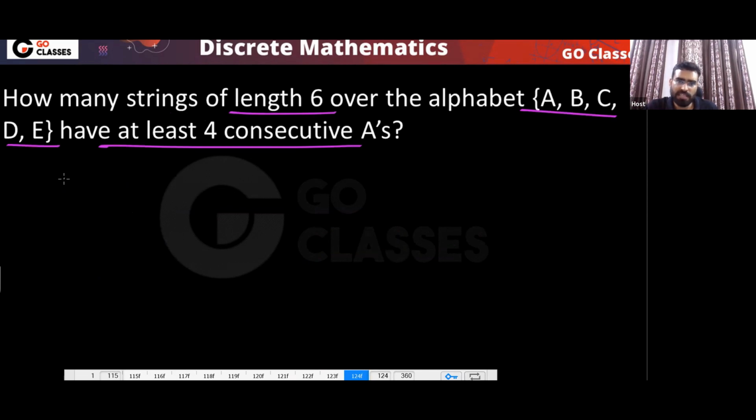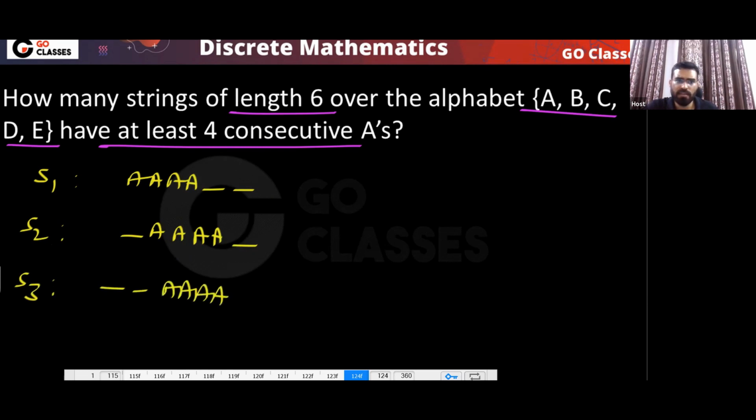Where can these Es be? See, there will be 3 sets. S1 will be like this. Length 6 we want, with total length 4 of consecutive Es. Either this can happen or this can happen.